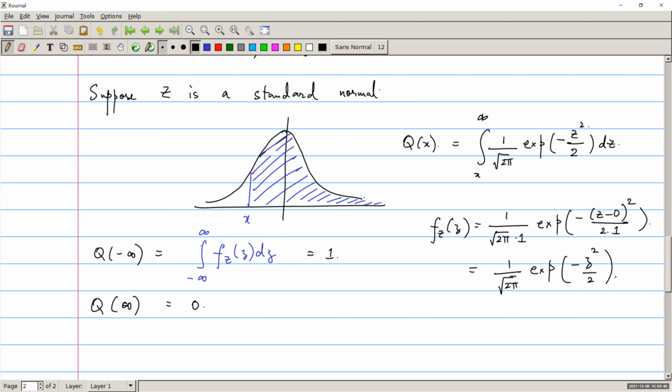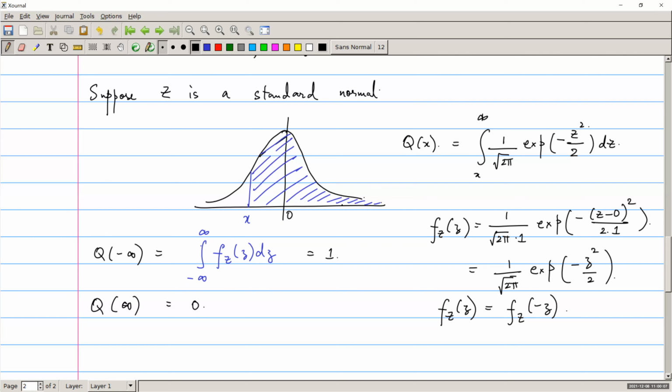Right, so this is symmetric in z in the sense that it's symmetric around the origin. So that means that f_Z of z is equal to the PDF at negative z.